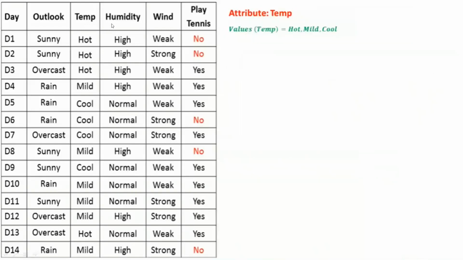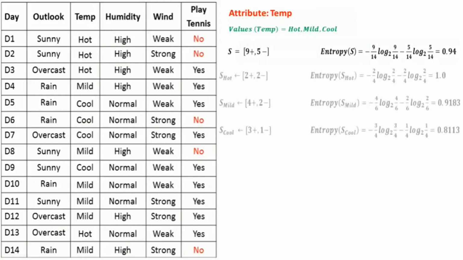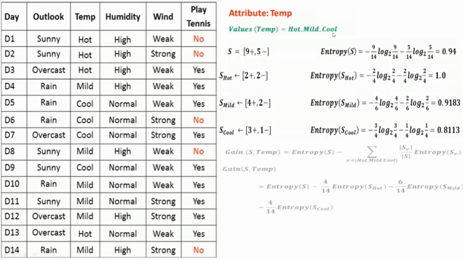Let's see. If you consider temperature, it has hot, mild, and cold. Initially, we need to calculate entropy for the entire data set. Later on, you need to calculate entropy for the 3 values, which are hot, mild, and cold. Then you need to calculate information gain of temperature and substitute all the values.